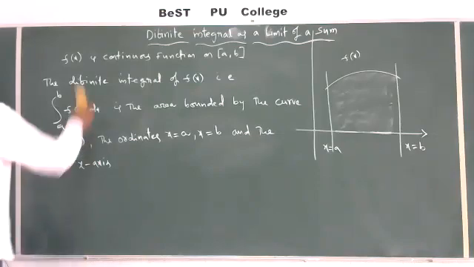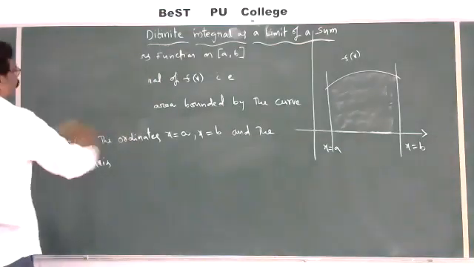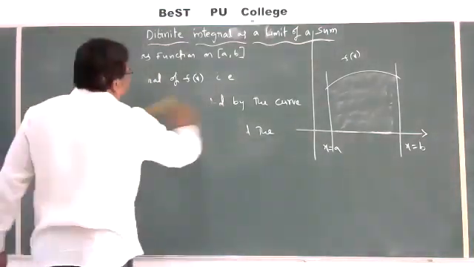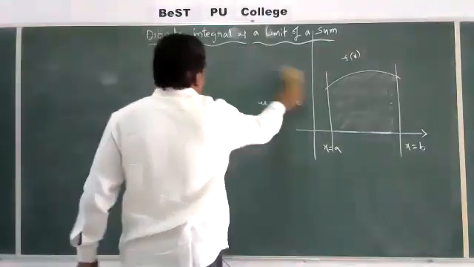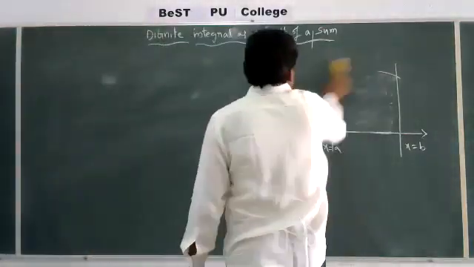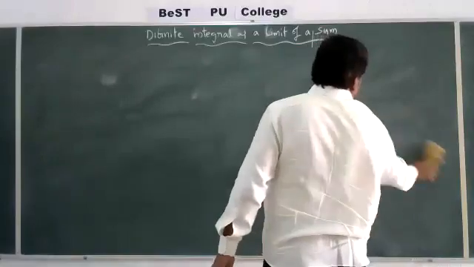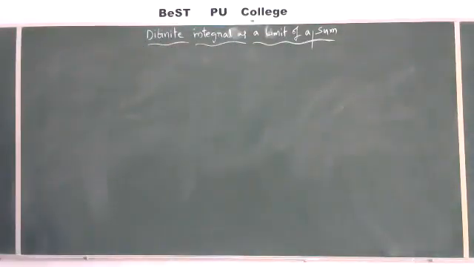By using limit of a sum. How to find the definite integration of the given function in between the ordinates x is equal to a and x is equal to b by using limit of a sum.